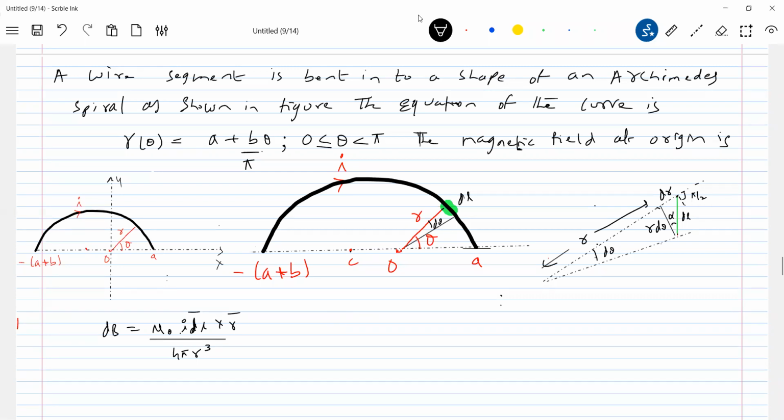Now what is the angle between dl bar and r bar? You can see that one, sine of 90 plus alpha, that is pi by 2 plus alpha. This will become mu naught I dl, divided by 4 pi r square, cos alpha.